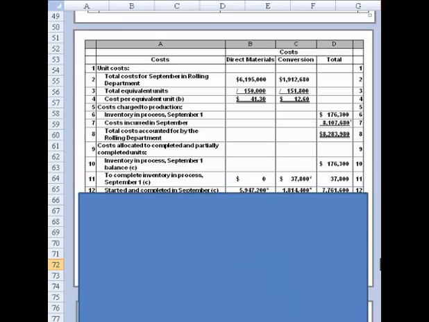Now we're assigning $37,800, just above my mouse, to the conversion cost portion of completed inventory in process. Where did that number come from? We need to take the 3,000 units and multiply them times the 1260 conversion rate. And that's how we're coming up with that.